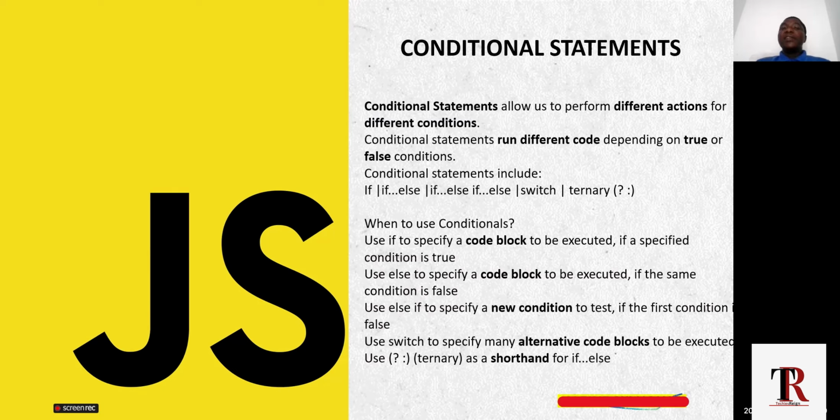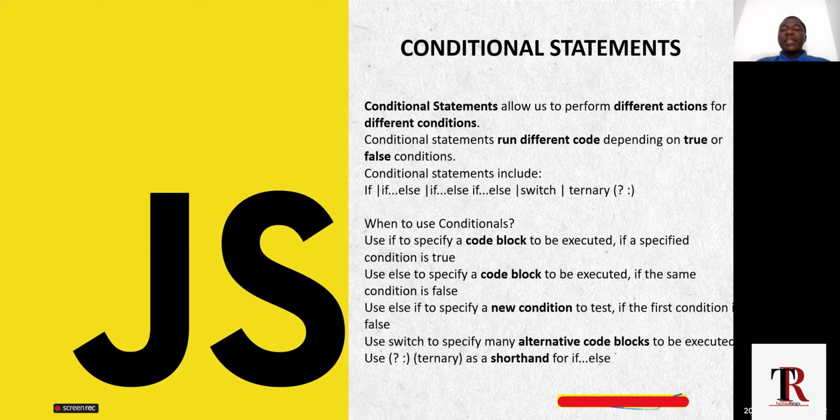You continue to add them if you have multiple ones until you get a satisfactory answer from the one that is true. Use switch to specify many alternative code blocks to be executed, which means that if one statement is false, it will move to the next one and try to execute it. If it is false, it will continue to move until it gets one that is true.